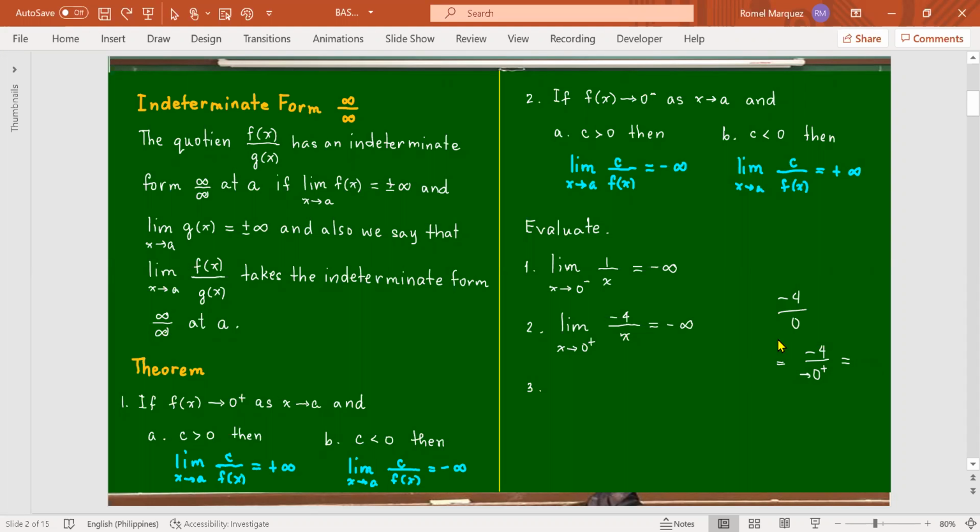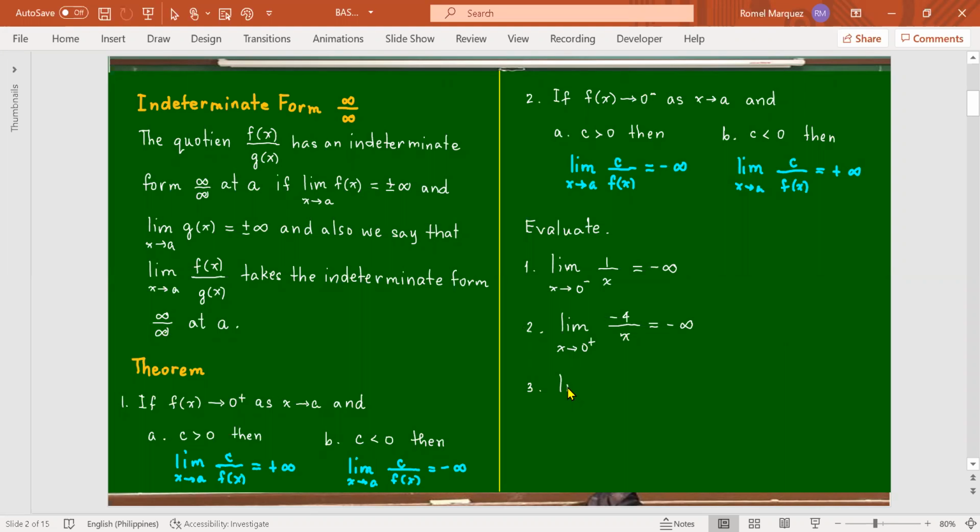But let's just be formal. If you want to put that, just put it on the side, but do not include it here. Let's say you have a guide, -4 over approaching 0 through positive values. So at least you just have a guide, then you write here negative infinity. Okay, guys? So just have a guide there on the right side.